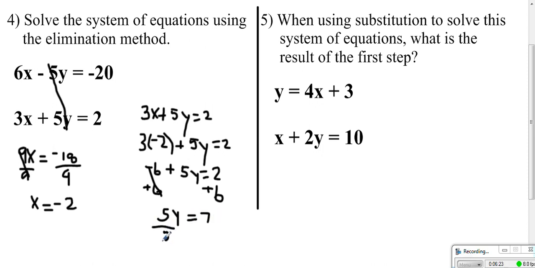Divide by 5. All right, and then you will have a decimal. So all you have to do is put into your calculator 7 divided by 5, and you get 1.4.